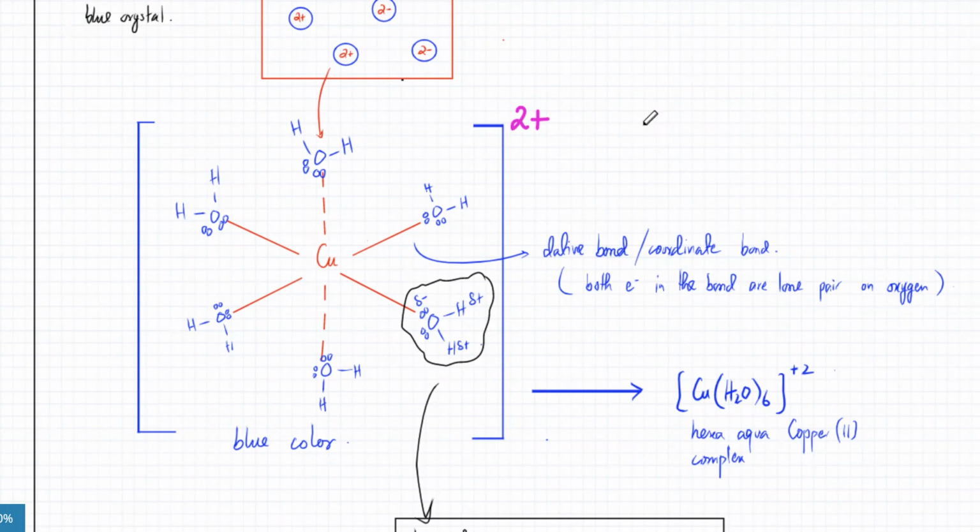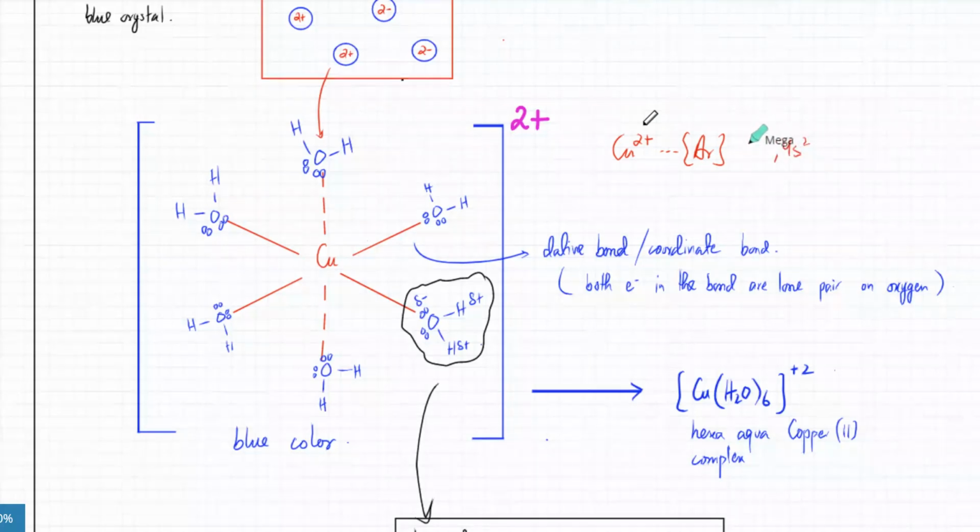If you write the electronic configuration of copper 2+, forget all the other ones, we can just write argon, and then after that you have 4s2 and 3d. Copper is that special case. It was actually 3d10 and 4s1.